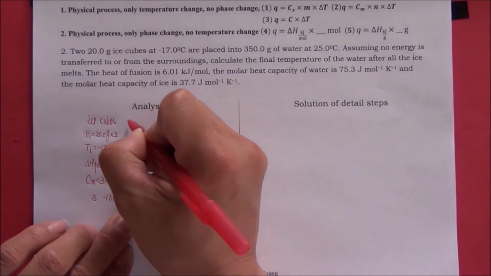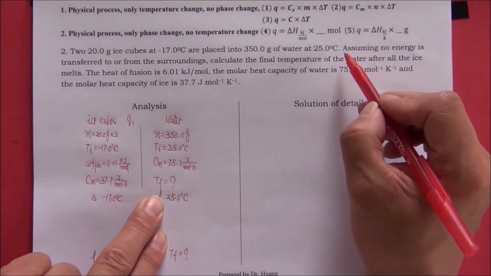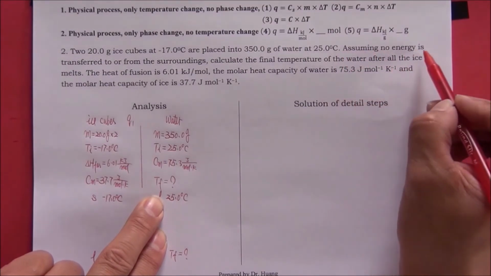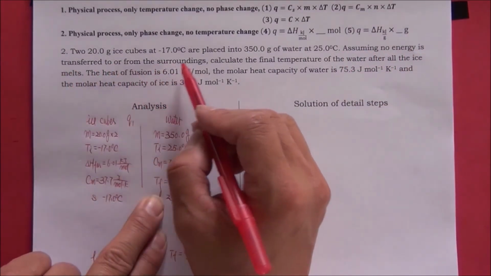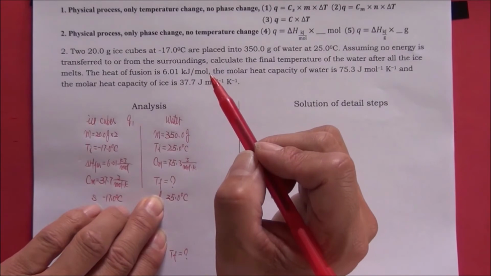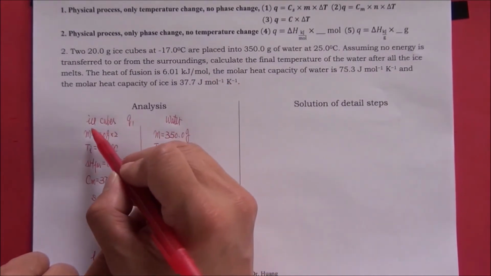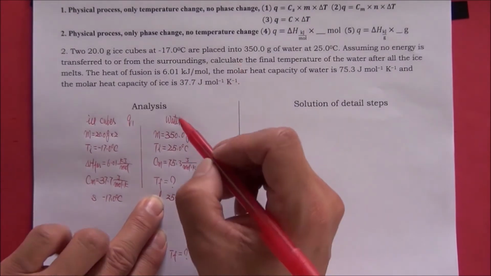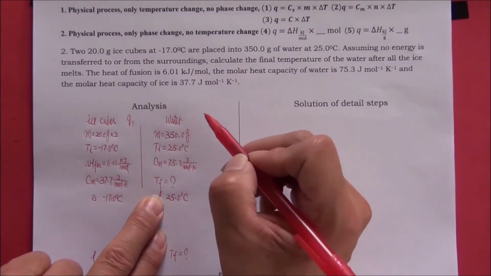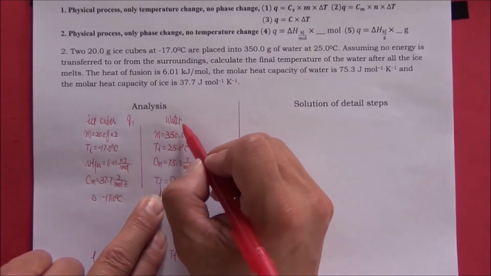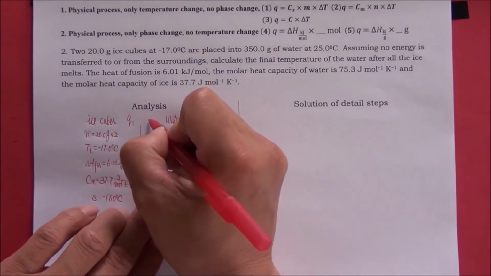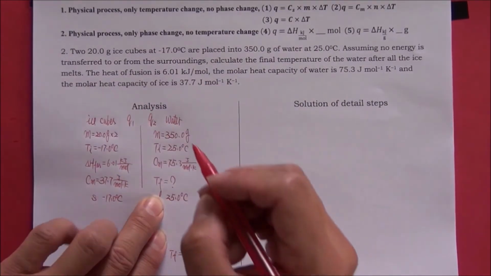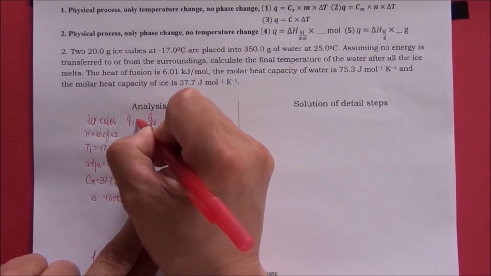Let's call this heat Q1. The problem says, assuming no energy is transferred to or from the surroundings. This indicates the heat the ice cubes absorb will be equal to the heat released by the water. Let's call the heat released by the water Q2. We should have Q1 equal to negative Q2.